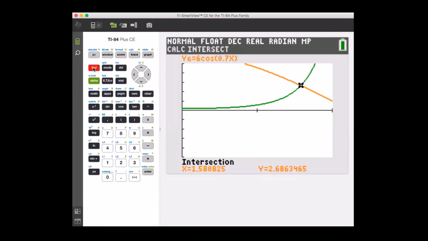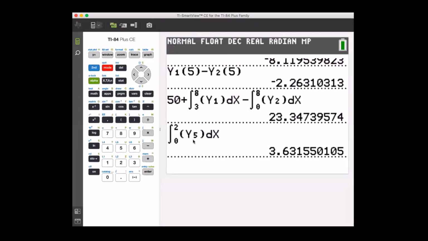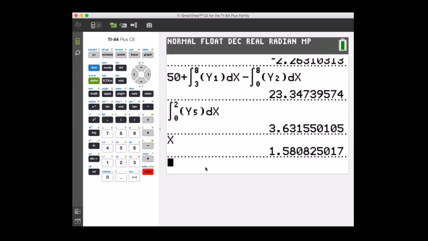So I'm going to do something really quickly, because when you find a point on a TI-84, once you go back to your main screen, that point is still saved in your calculator. It automatically saves that x value into x. So if I hit x right now on my screen and hit enter, look what comes up. That was the point we just found.